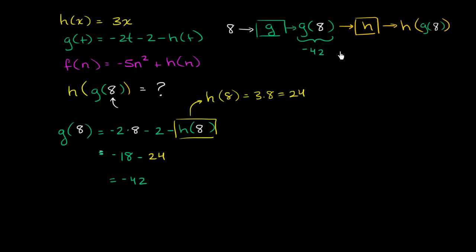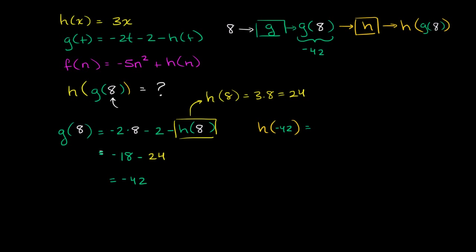And now we can input negative 42 into h. So h of negative 42. Remember, negative 42 is the same thing as g of 8. So h of g of 8 is the same thing as h of negative 42.